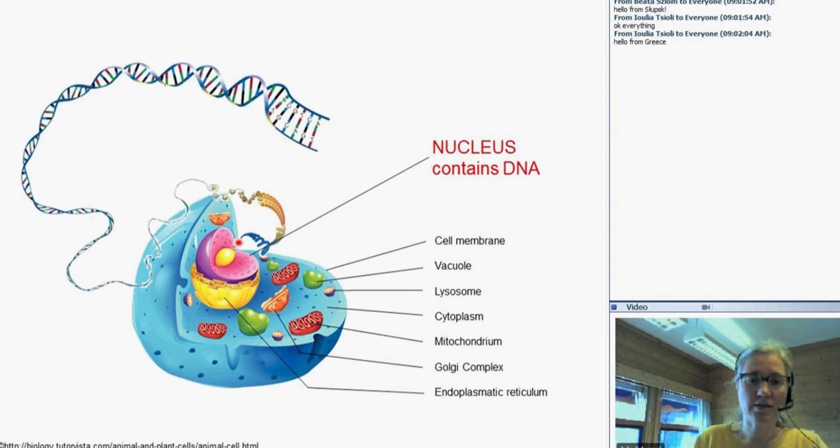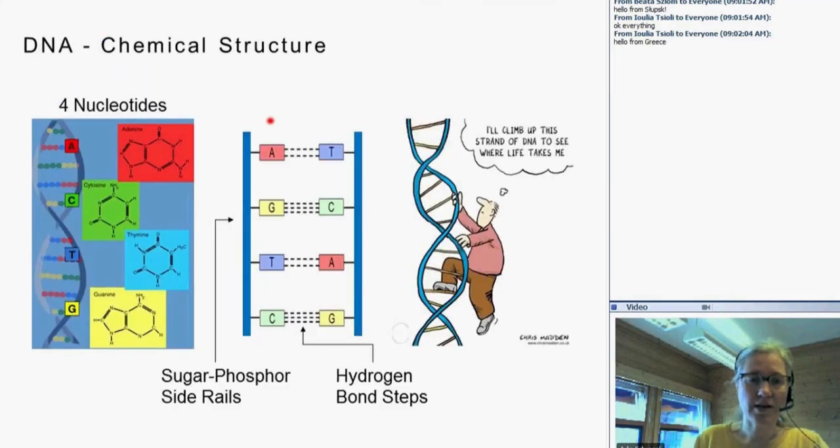And you can see this coming out here. This is the long strand of DNA. And every living cell contains at least one copy of this DNA. You can already see the chemical structure of DNA.